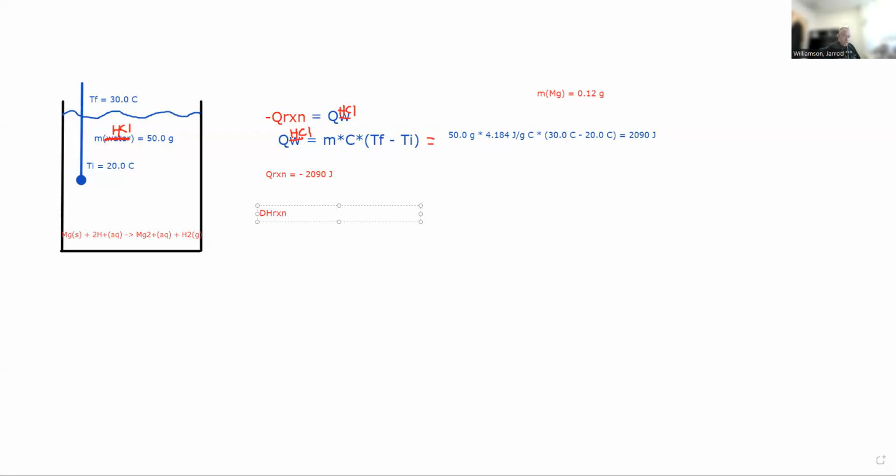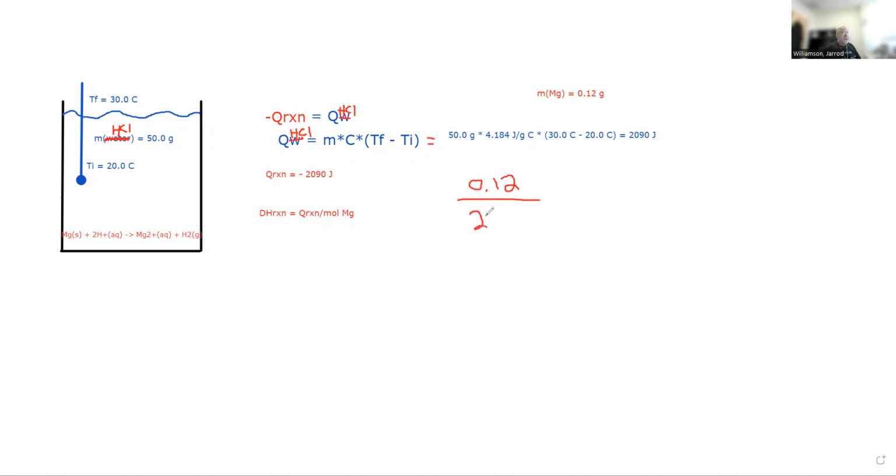The enthalpy of the reaction will be equal to Q of the reaction divided by the moles of the magnesium I used in this reaction. The moles of magnesium will be the 0.12 grams. I should have used more sig figs, but I didn't because I'm making up problems.